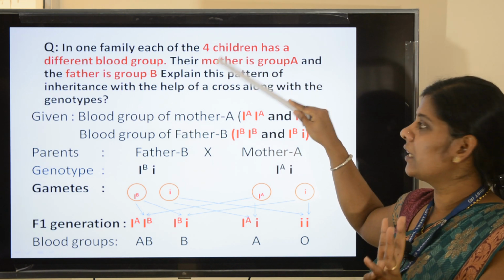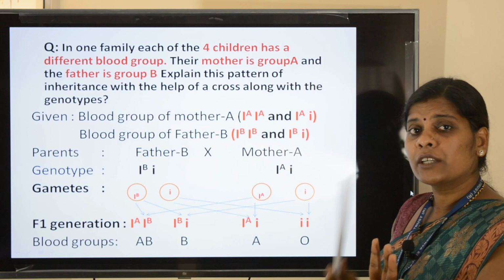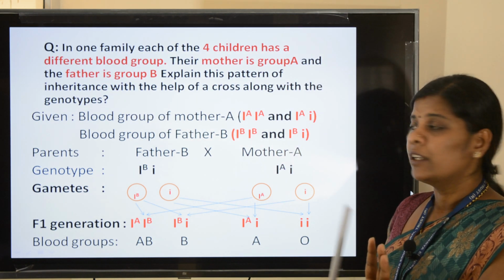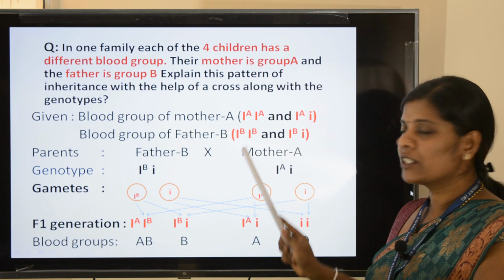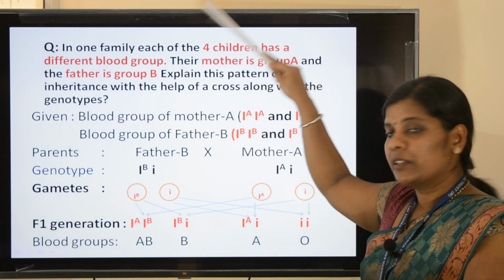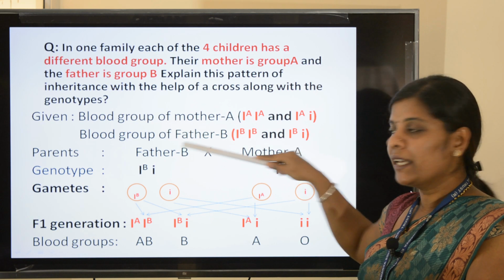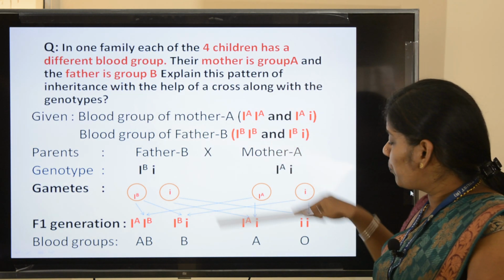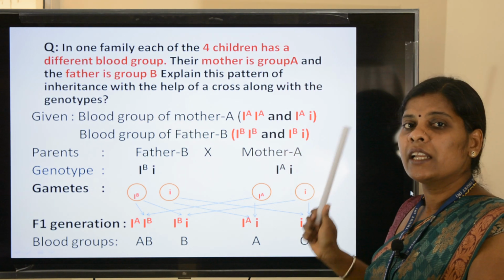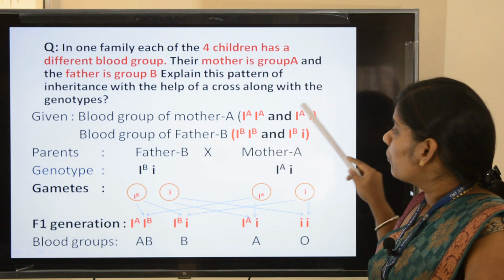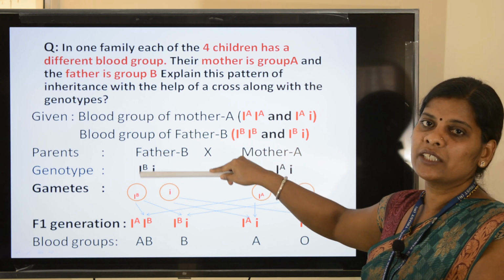One of the children is O blood group. O blood group is possible only when both the alleles are recessive, represented by small i. It is possible only when parents are heterozygous. So we'll take heterozygous genotype.